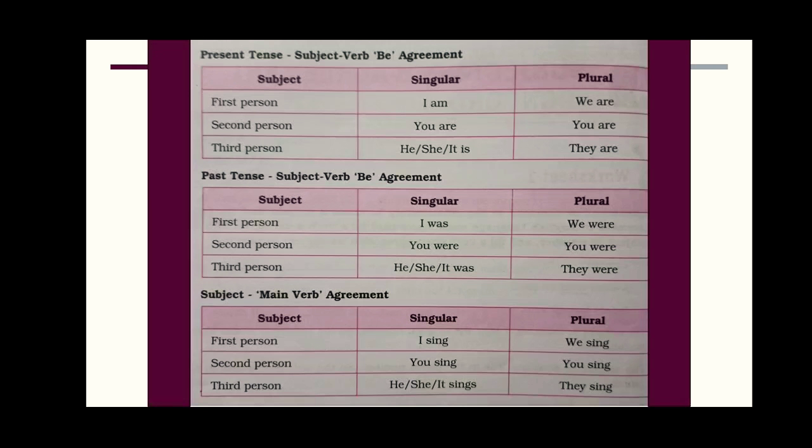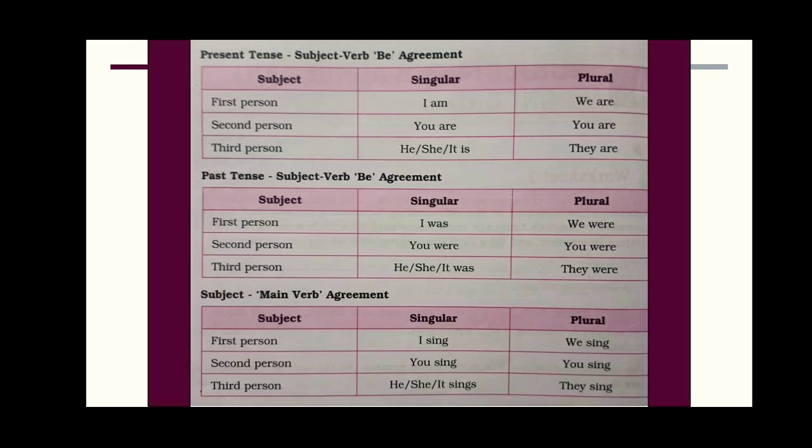To understand it more, we have one chart here showing how you would use first person, second person and third person in present tense, and the same in past tense, and you can see. So let me read these for you.